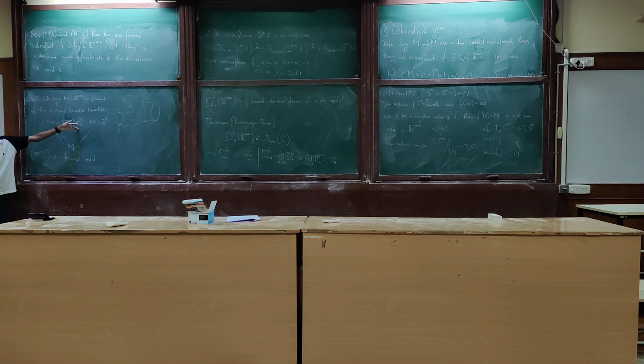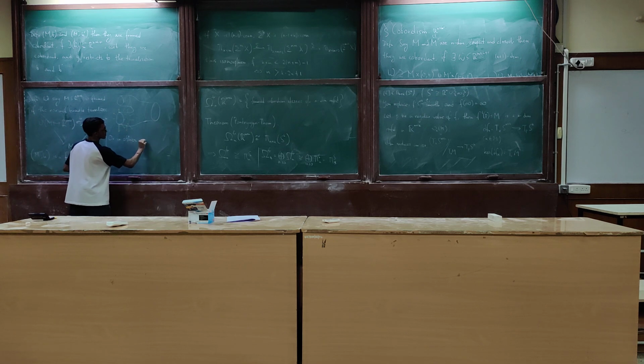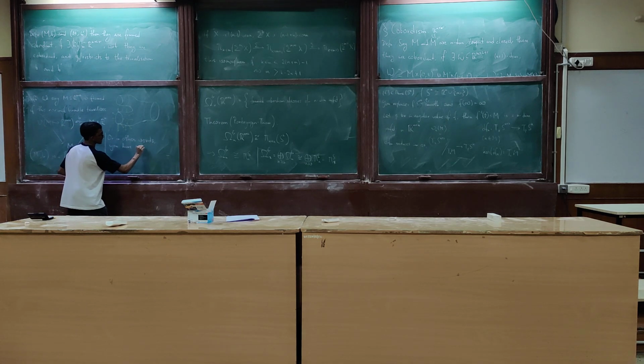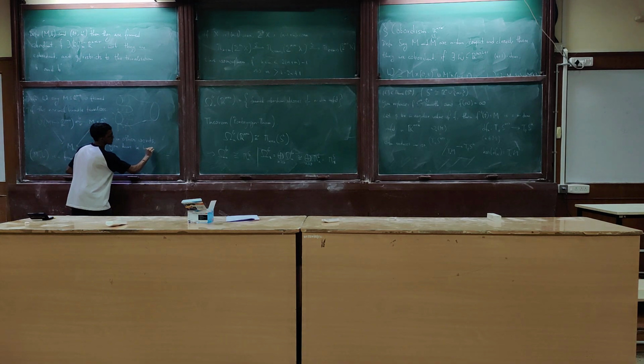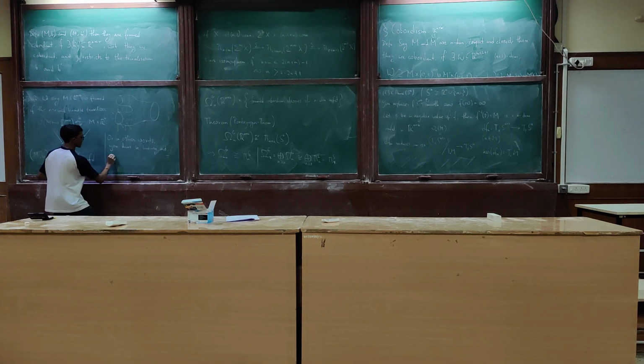Framing means you have a trivialization, but in other words, what you can say is you have k linearly independent sections.